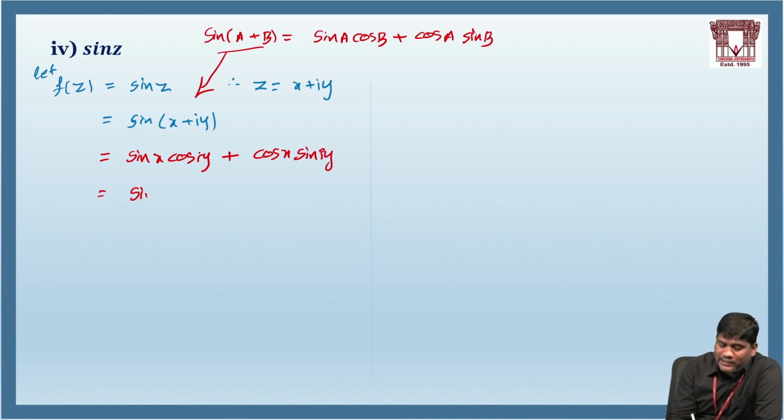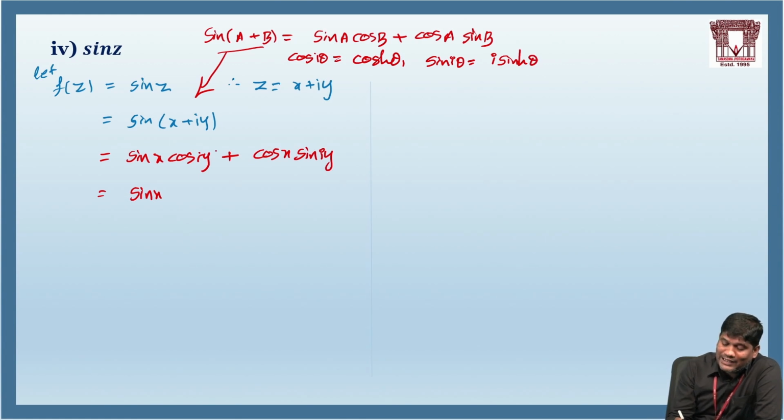Then sin x into cos iy. We know cos i theta is equal to cosh theta, and another formula is sin i theta is equal to i times sinh theta.